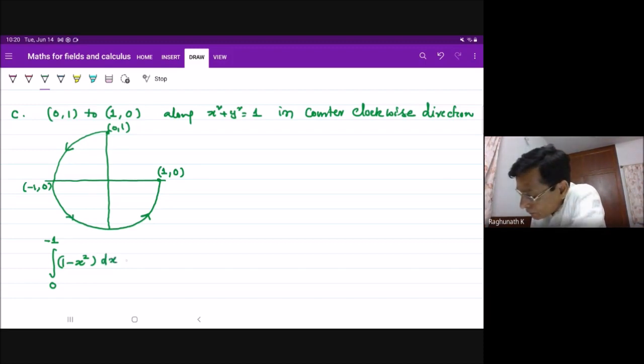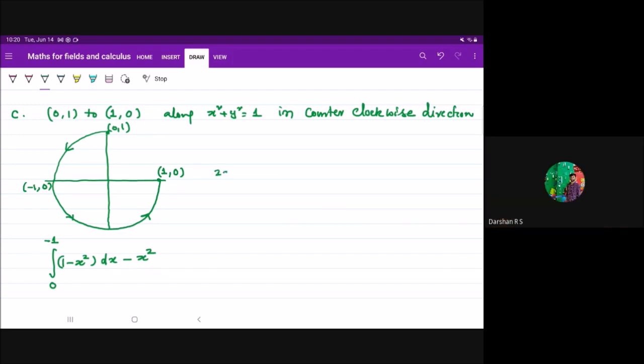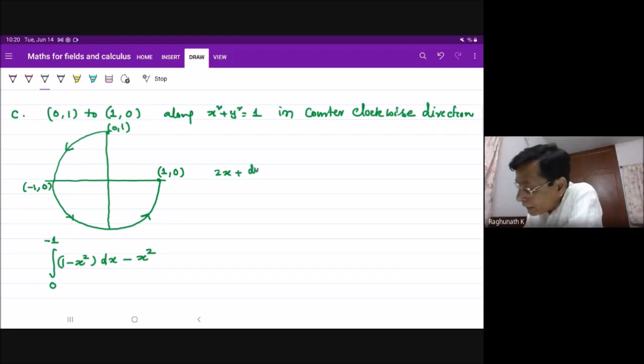Minus x squared dy. What is dy? Differentiating, 2y dy by dx plus 2x is equal to 0, so dy is equal to minus x by y dx.